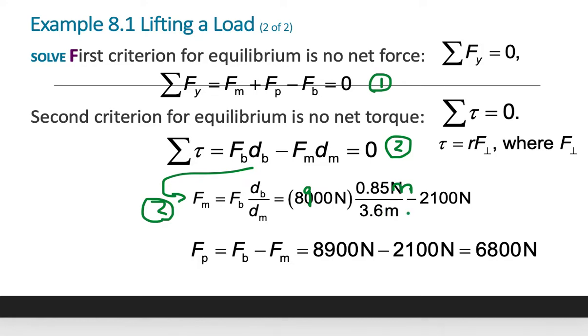We multiply this all out and we get 2,100 newtons. So now we've solved for the force of the man. The force of the man is 2,100 newtons in the upward direction.